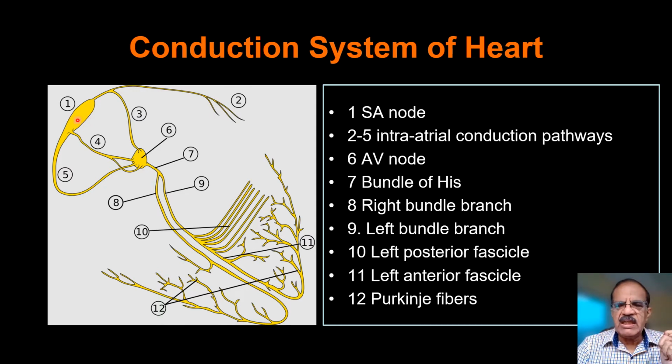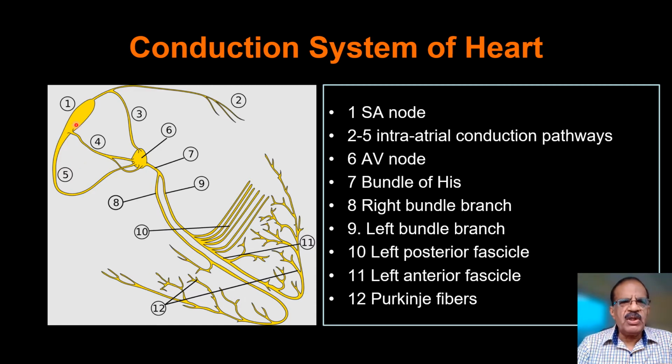So after current is made, this will spread to the atrium, and there are various conduction pathways in the atrium. This one, for example, 2, goes to the left atrium, and then 3 goes to the AV node, 4 also goes to the AV node, and 5 also goes to the AV node. These 3, 4, 5, on their way, depolarize atrial chamber. So 2, 3, 4, 5 conduction pathways, they will depolarize atrium.